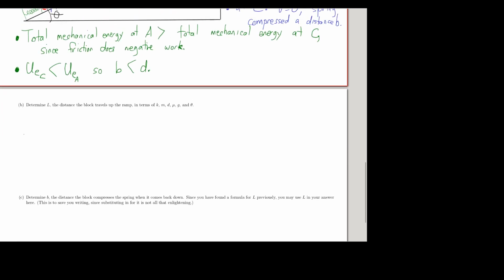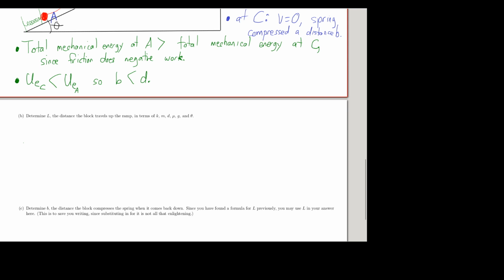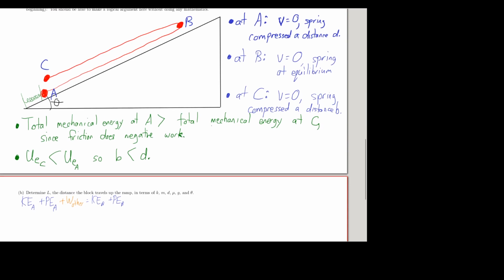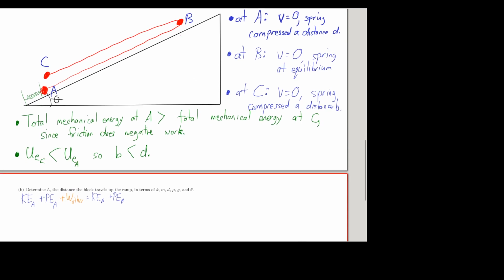Part B asks us to figure out how far we go up the ramp. So I'm going to use the idea of potential energy here. So the kinetic energy at A plus the potential energy at A plus the work done by other forces, here I mean friction, equals the kinetic energy at B plus the potential energy at B. Now, to get the gravitational potential energy at B, we need to know its height.